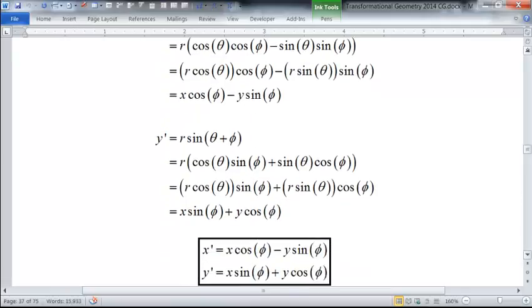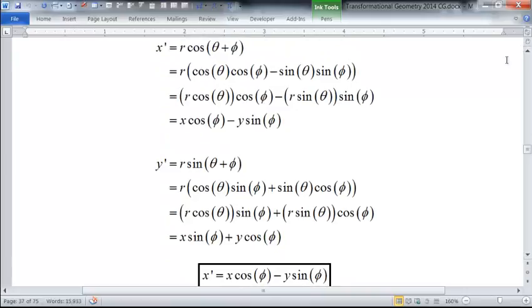In a similar manner, let's look at what happens with y. Well, the new y prime is the new r prime times the sine of the new theta prime. Again, the new r prime is the same as the old r. The new theta prime is the old theta plus phi. Now, we also use another trig identity. Sine of theta plus phi is cosine theta sine phi plus sine theta cosine phi.